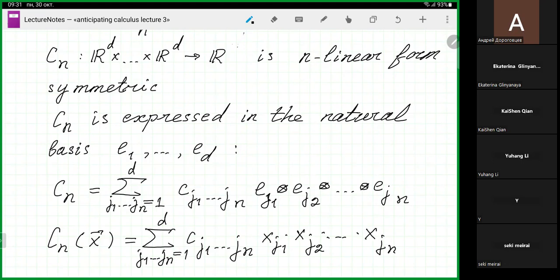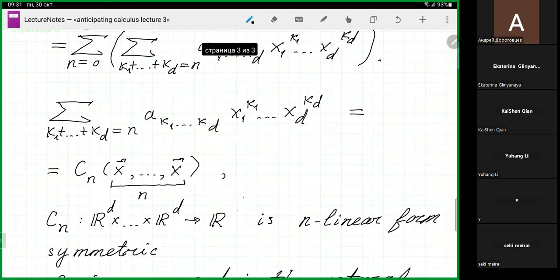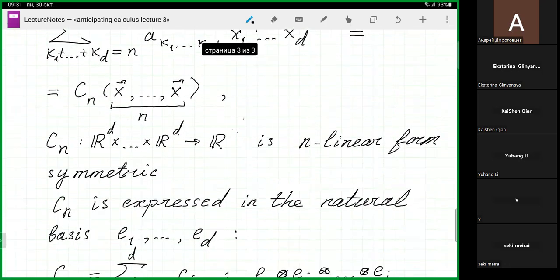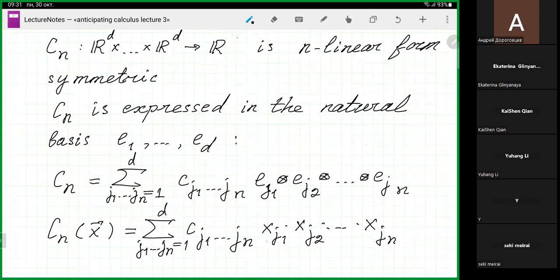Now, how to jump from this sum to the previous one? We just have to collect the variables which are the same.